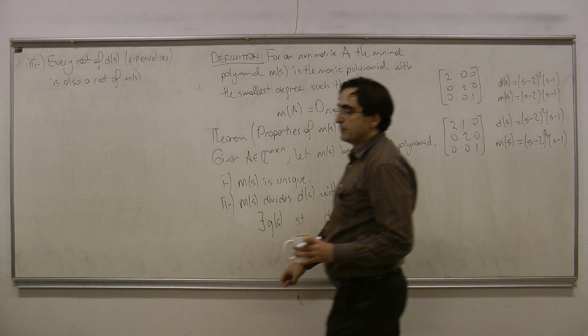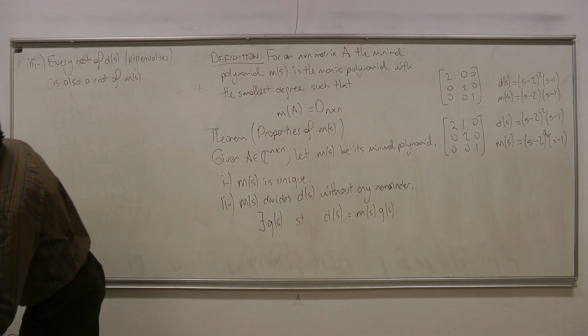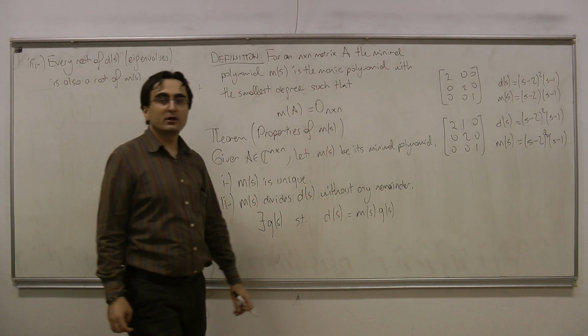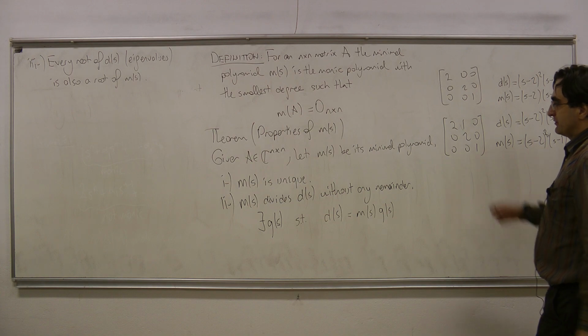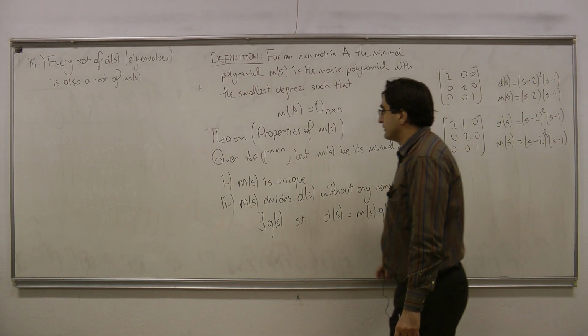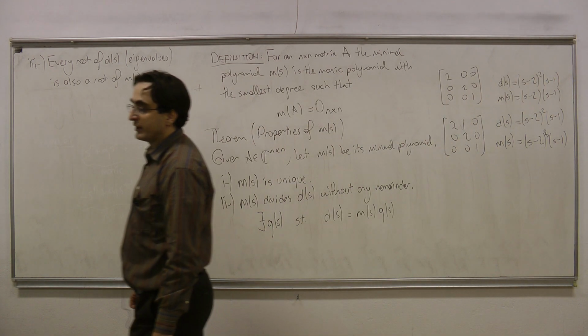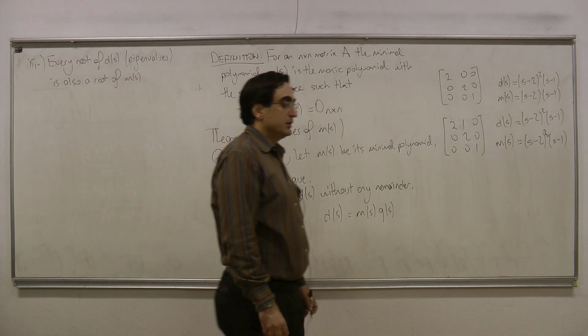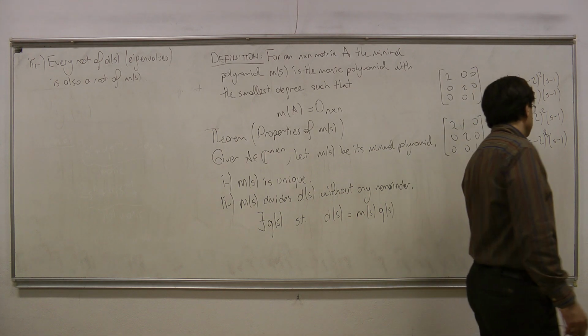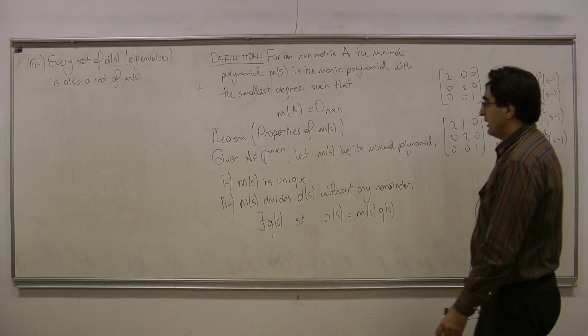So now let us talk about the meaning of these properties. All right? The first property is basic. It tells us that m of s is unique. Okay? So there cannot be more than one minimal polynomial for a single matrix.